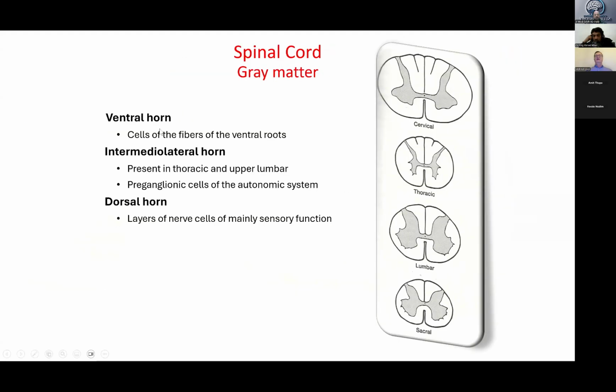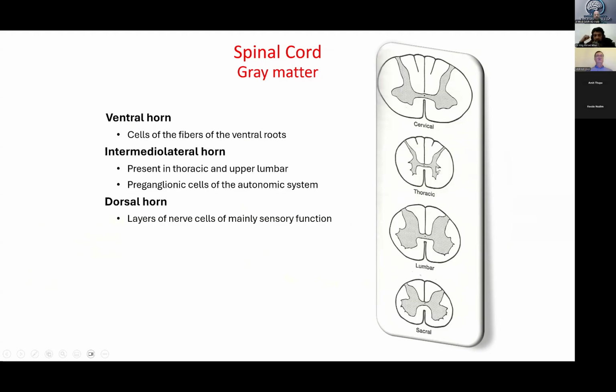What about the gray matter? This is the gray matter, as you know, and there are the so-called anterior horn and posterior horns, and the intermediolateral horn here on the lateral part, especially in the thoracic spine.